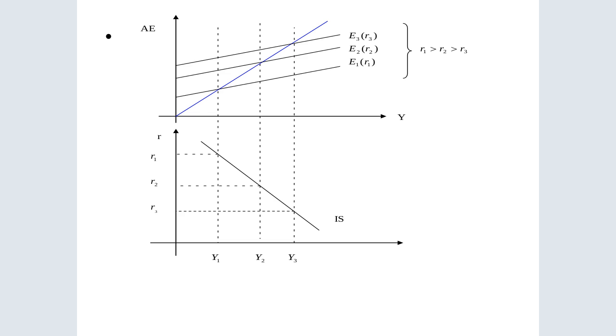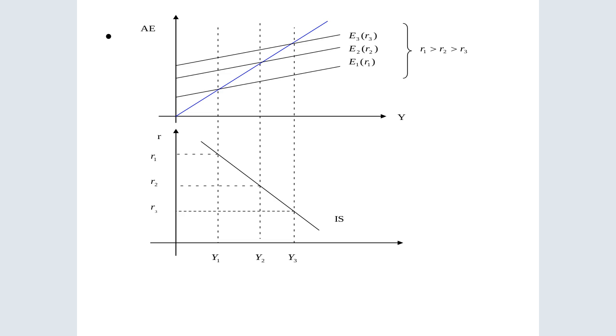So if we start with the aggregate expenditure and income curve, so when we have the aggregate expenditure 1, that is E1, which we have said is also a function of what? Interest rates.